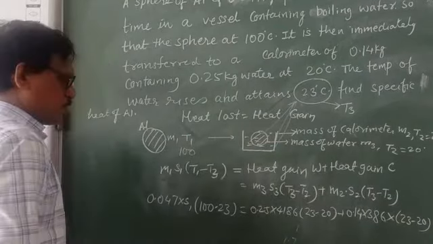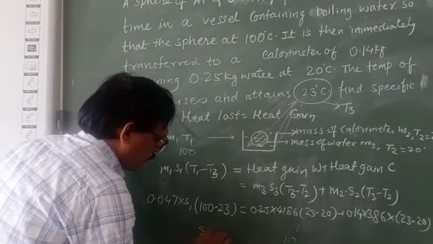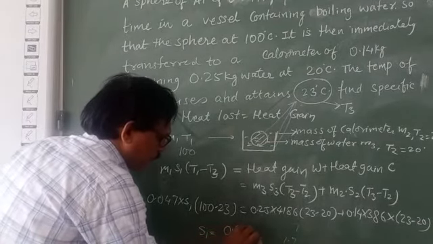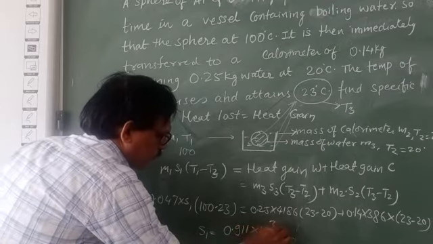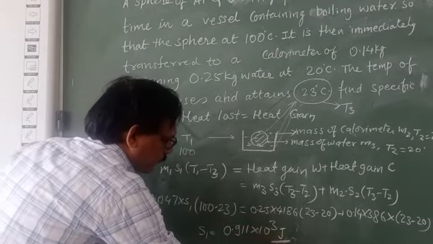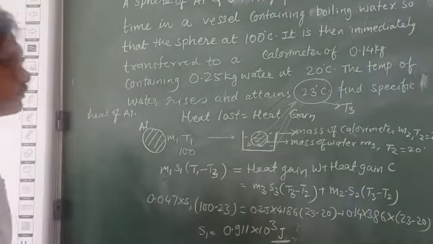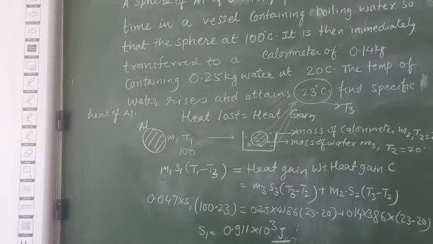You can do this calculation and finally you will get S1. The specific heat of aluminum will be 0.02 kilojoule per kg per kelvin. This is one of the examples given in the NCERT book.